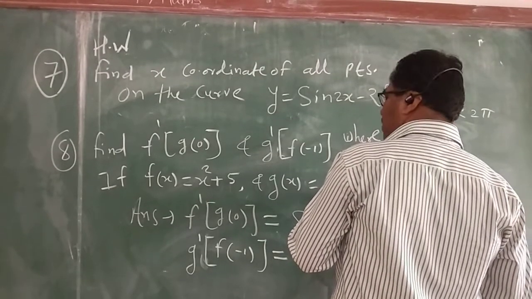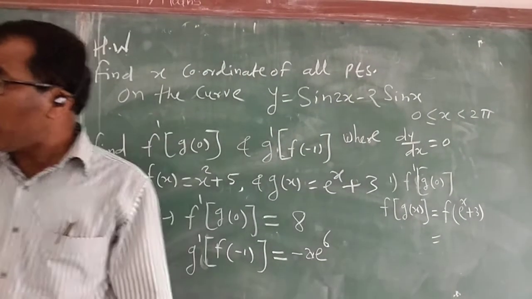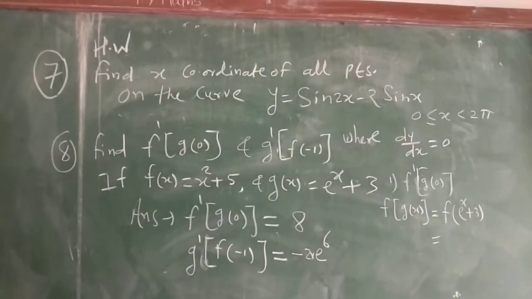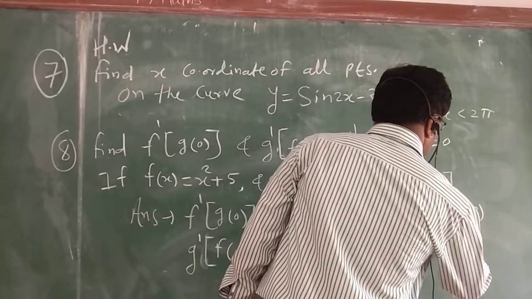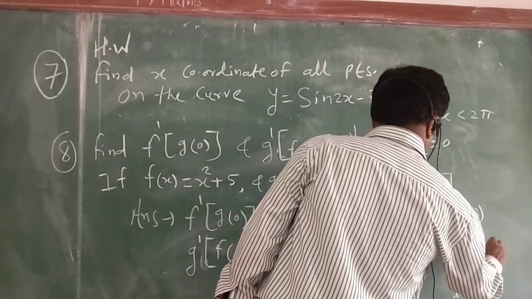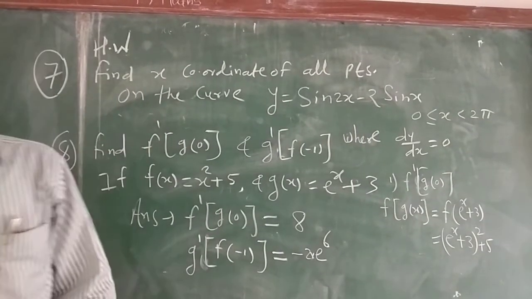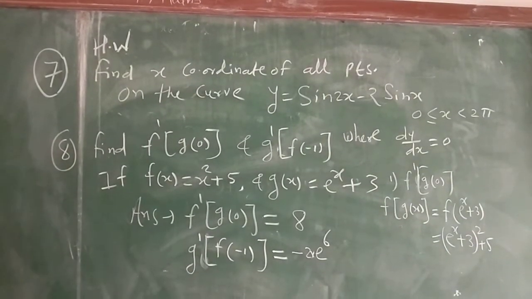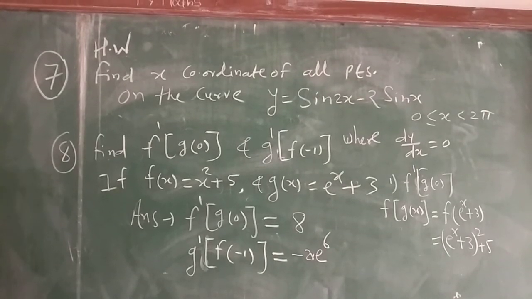That is f of g of x equal to f of e raised to x plus 3 whole square, that is e raised to x plus 3 whole square plus 5. Now split and find the derivative.